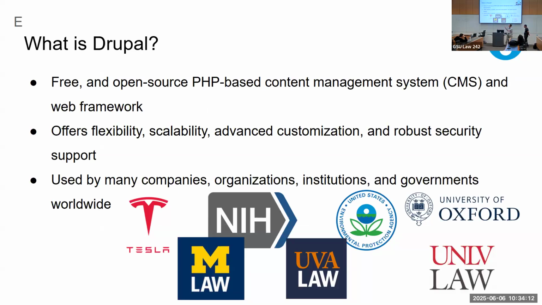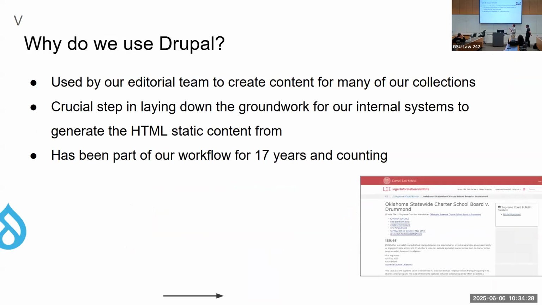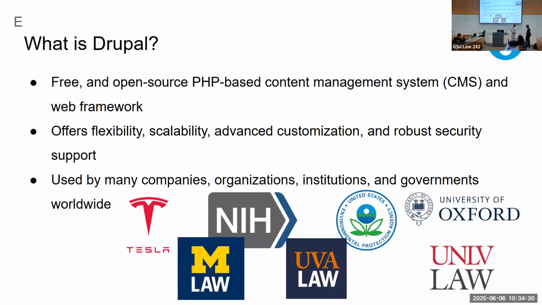Vivek and I poked around a little bit, and I Googled what are big websites that use Drupal. Google gave me back some answers, and I checked that. I found a lot had switched to WordPress. But in any event, we found a lot of law schools, University of Michigan, Virginia, UNLV, those were all on Drupal 10 already. So huzzah, if you're an alumni of one of those institutions, you can sing your school fight song.